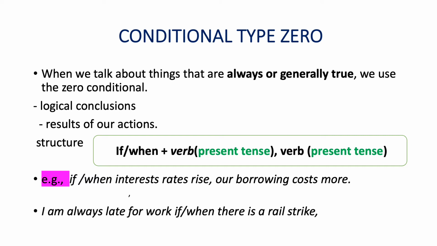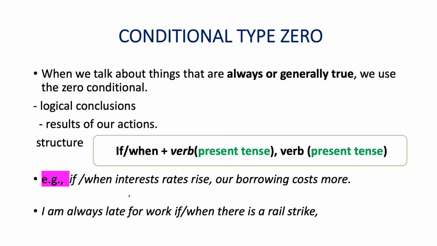The structure of conditional type 0 is if or when, which are the same here, plus a verb in the present simple tense. And the verb of the result clause is also in the present tense. So we have present in the if clause and present in the result clause.